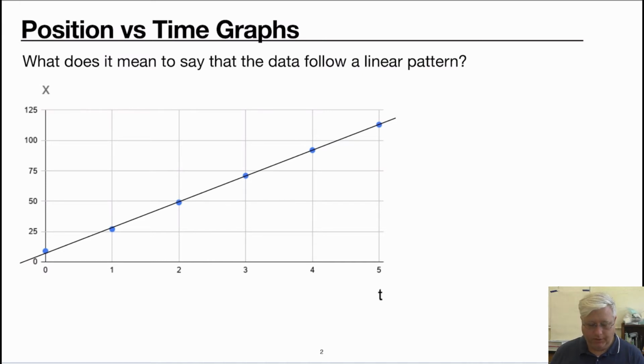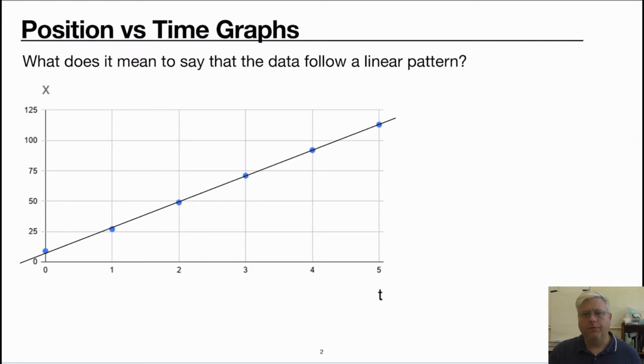On the y-axis, we have x, the position along the x-axis, versus time. So it's position as a function of time, and we see how the object's position changes over time. We could also say that this is the rate of change of position.